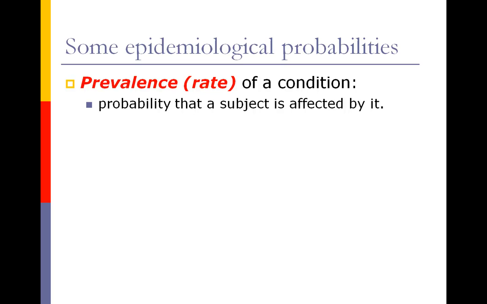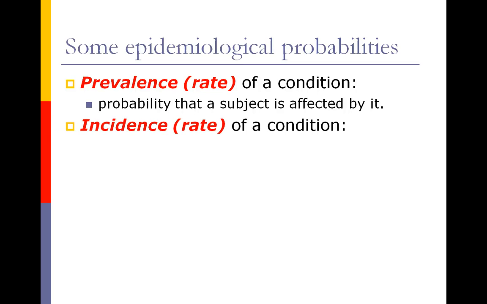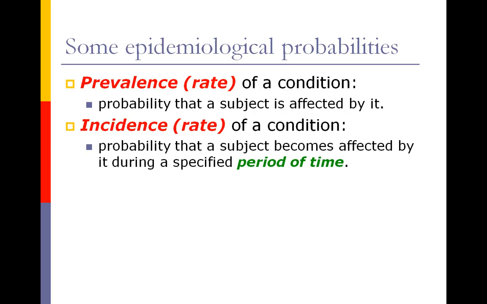A very related concept is that of incidence rate of a condition. Again, people talk about simply incidence or incidence rate of a condition. Well, this is very similar to a prevalence rate, except that we're looking at the probability that a subject becomes affected by some condition during a specified period of time.